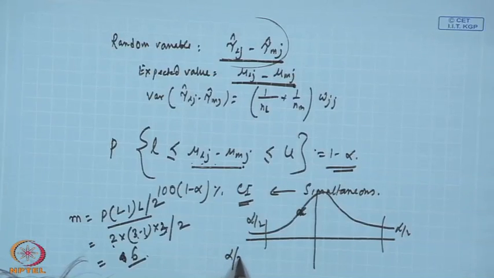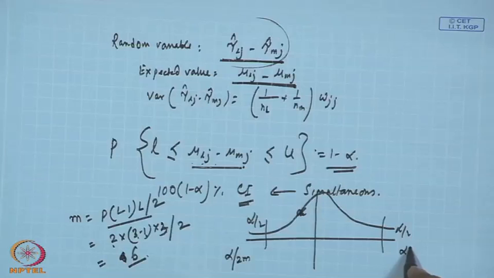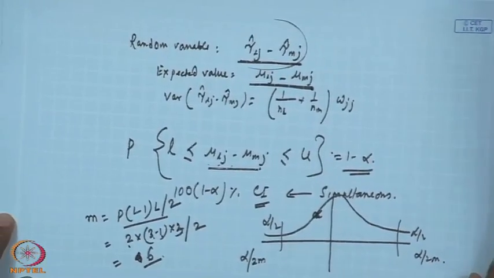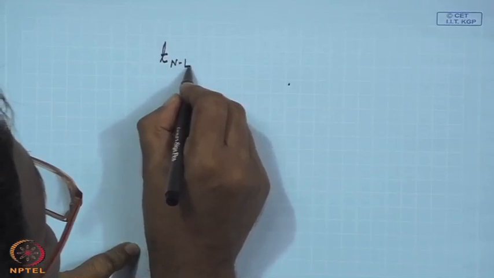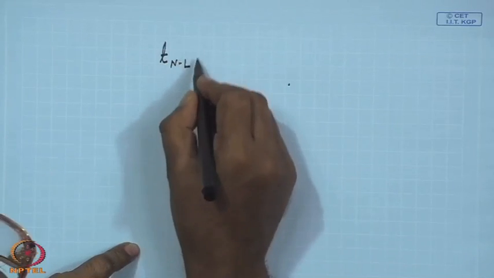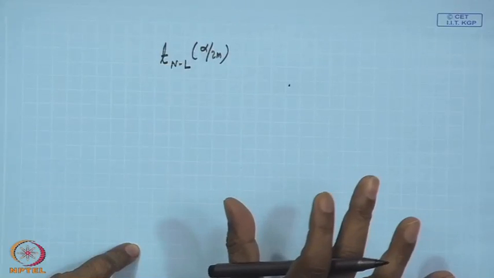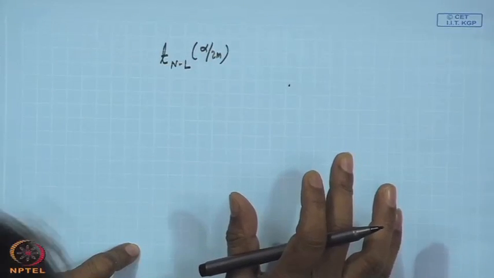So, that means alpha by 2m on this side and alpha by 2m on the other side, correct. Then we are creating a T statistic here, whose degree of freedom will be n minus L, and you are considering the alpha by 2m case, because m comparisons are there.